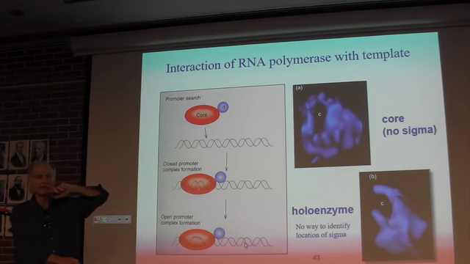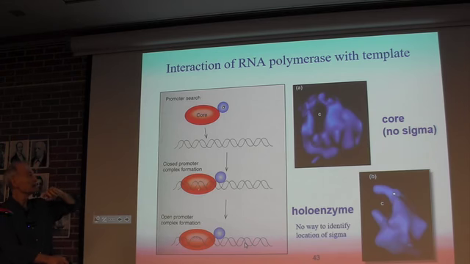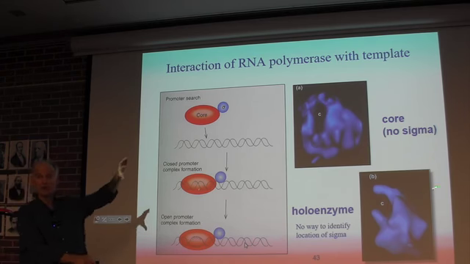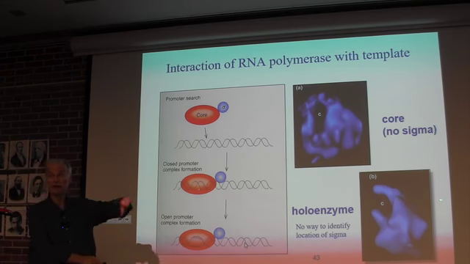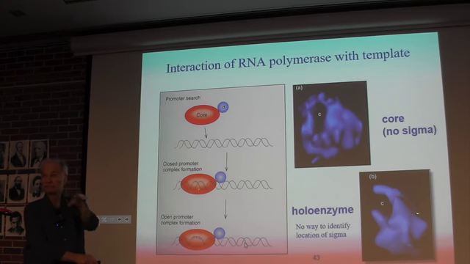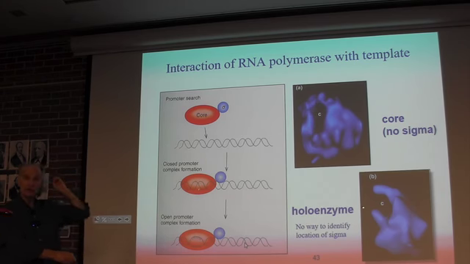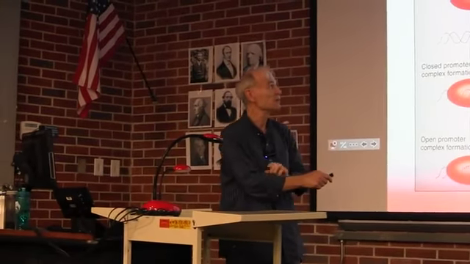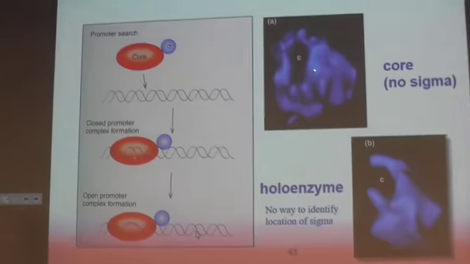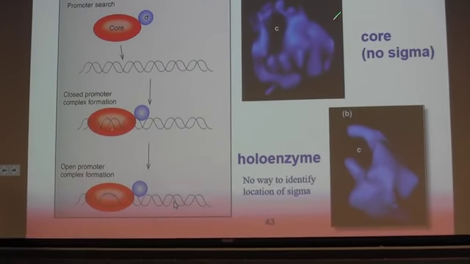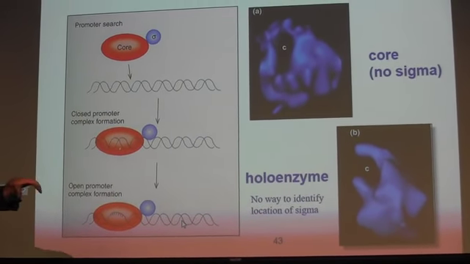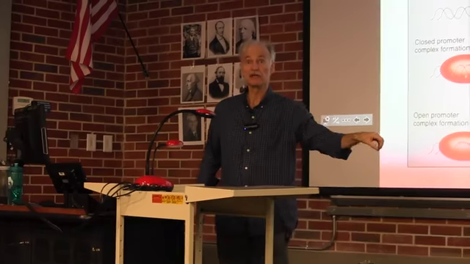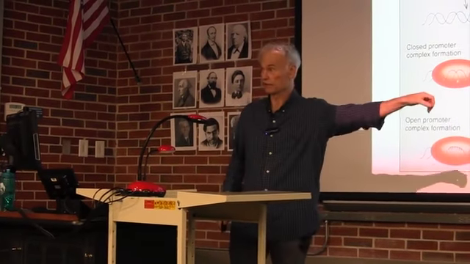So I'm testing whether you realize that the addition of sigma opens it up so it can now scan for a promoter. You remove sigma and it's useful in two instances when you have it closed. One is when you're just resting on non-promoter DNA. And the second is when you're actually elongating and you want the enzyme to remain stuck to the template.